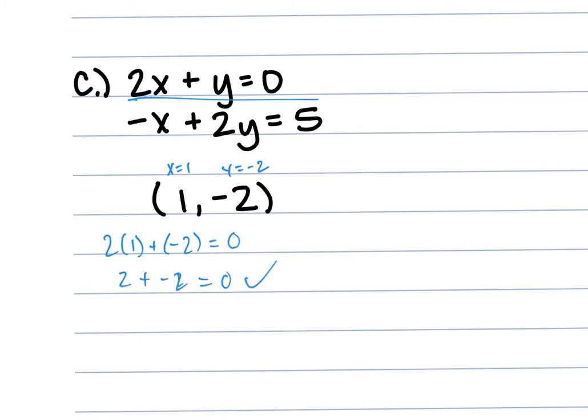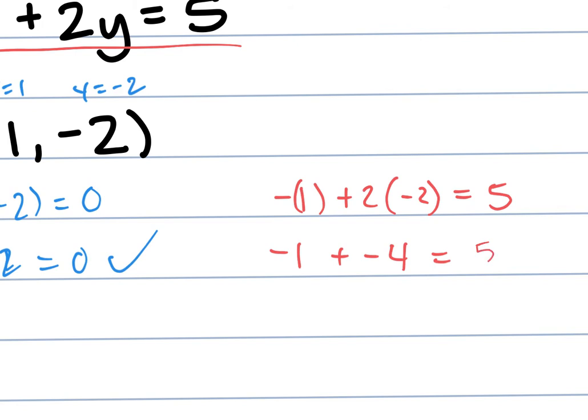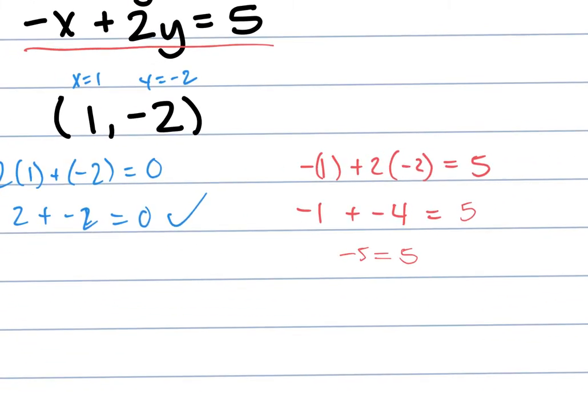And then on the second one, you do the same thing, so negative 1, plus 2 times negative 2, which is negative 4, so negative 1 plus negative 4, which is negative 5, and negative 5 does not equal 5, so that one's incorrect. Good. We ended up getting negative 5 equals positive 5.